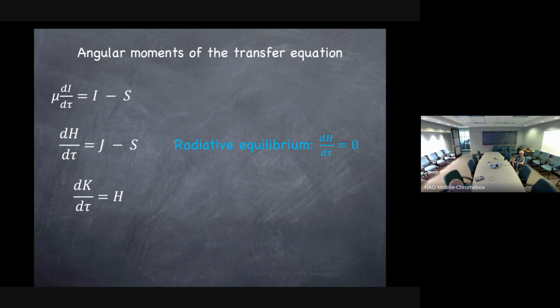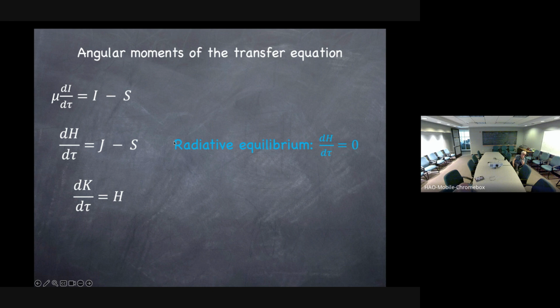What does that mean? It means that the amount of energy absorbed locally by radiation is the amount emitted. So it means that dH by d tau is 0. In other words, the amount of emission minus the amount of absorption is 0. And now we could set J minus S equal to 0.